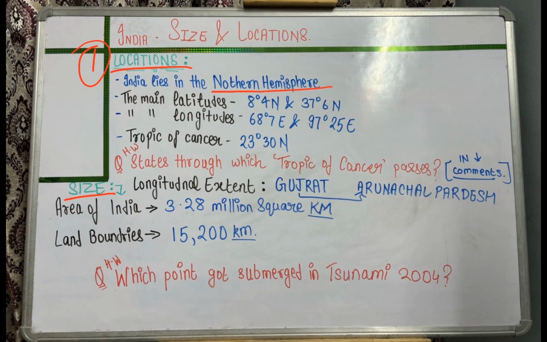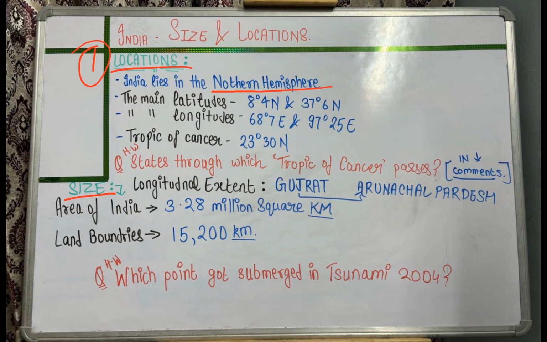The question is: through which states does the Tropic of Cancer pass? You have to name all the states through which the Tropic of Cancer passes and comment it down correctly. I've already told you what you will be getting.